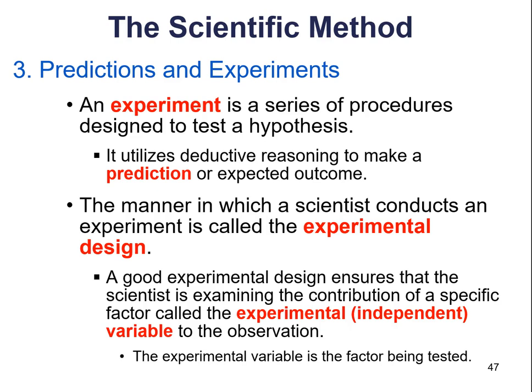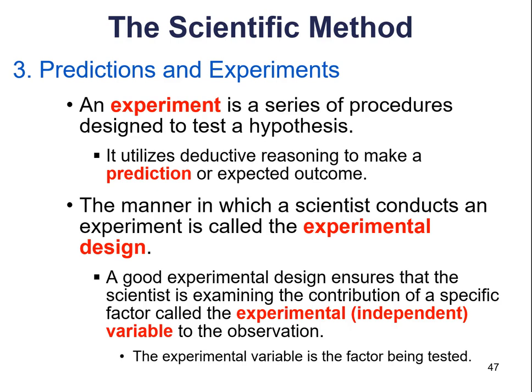The manner in which a scientist conducts an experiment is called the experimental design. There are good experimental designs and there are poor experimental designs. You still see those if you read the literature or talk about other people's work.